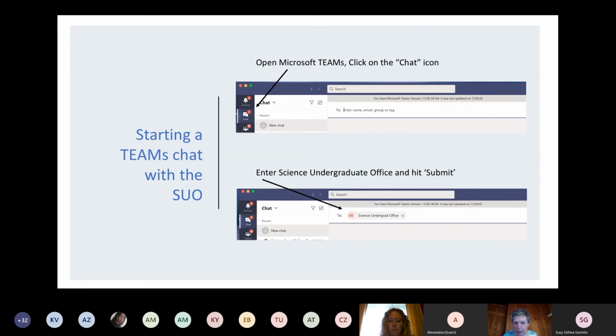And then you would put Science Undergrad Office in this box and hit submit. That will go to the undergrad office and someone will be available to chat, either with a quick answer, or if it's something more detailed, it would be handed over to booking an appointment. Next slide, please.